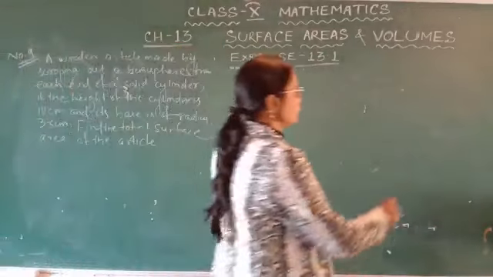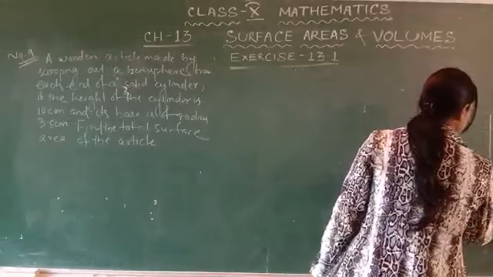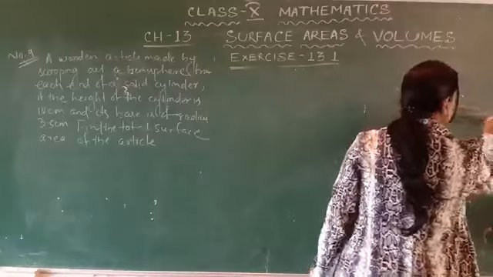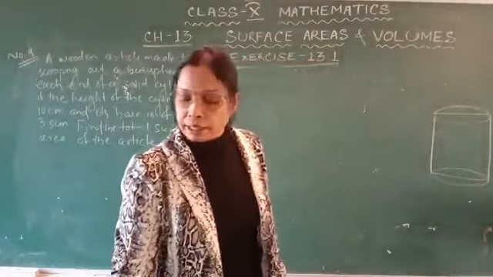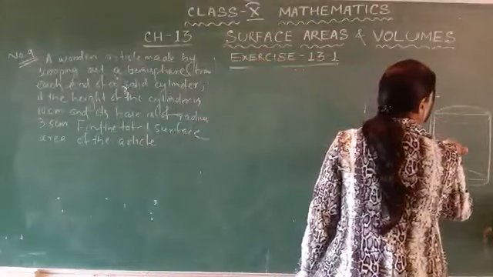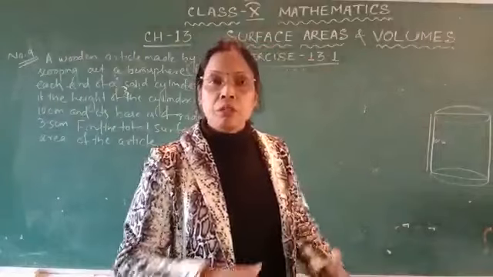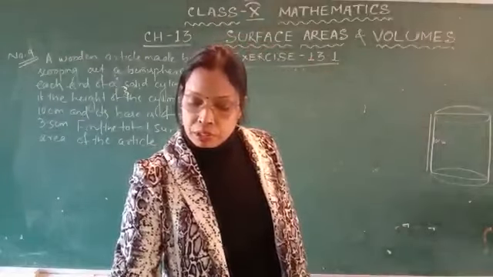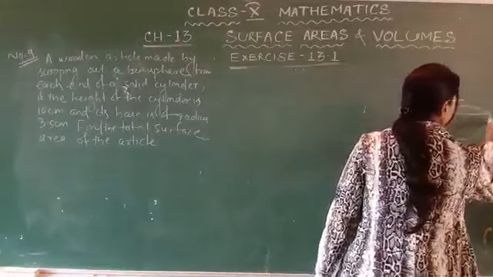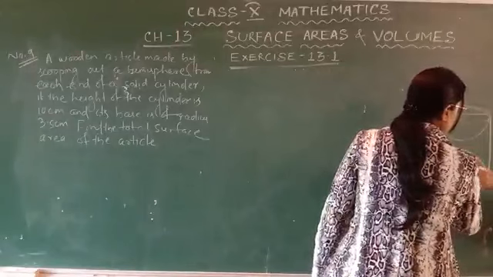So that means here you see this is a cylindrical article, and whose height is equal to 10 centimeter. This height is equal to 10 centimeter is given. Then in both ends we shape hemispherical shape. So here one hemispherical shape is cut out and here also a hemispherical shape.